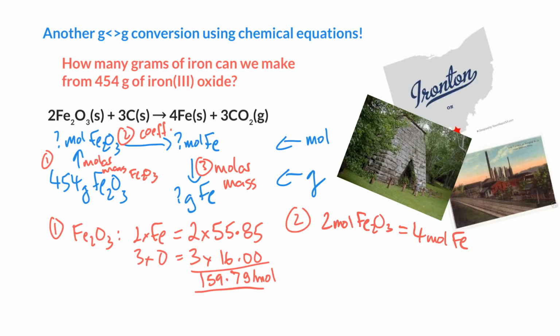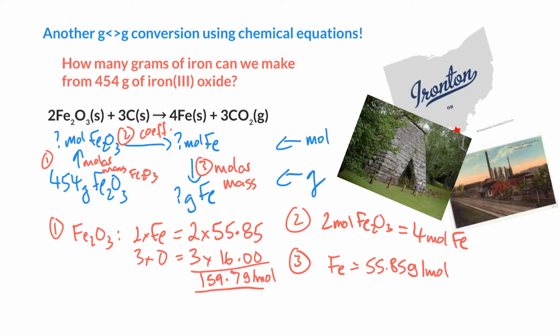And we're almost writing over our Ironton pictures there. Sorry if you're an Ironton resident. Step 3 is the molar mass of iron. Since iron is just a single element, it is just 55.85 grams for every mole of iron. So that should give us an easy way to line up our calculation.